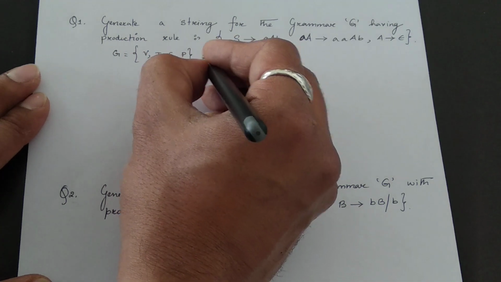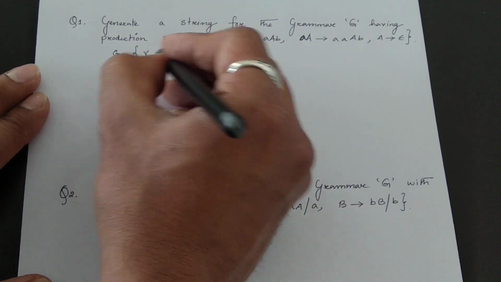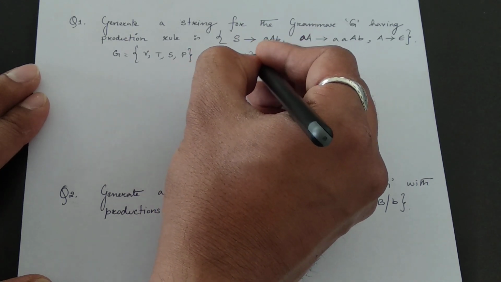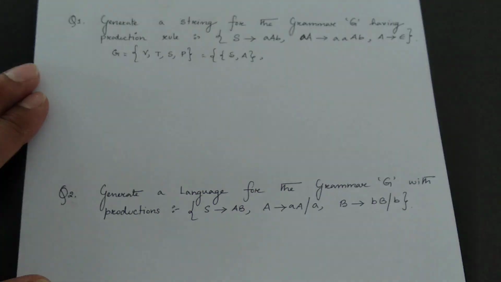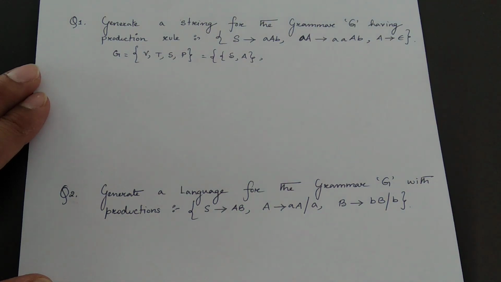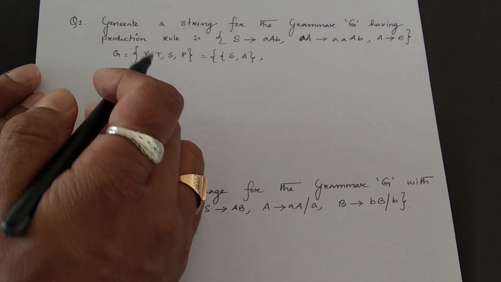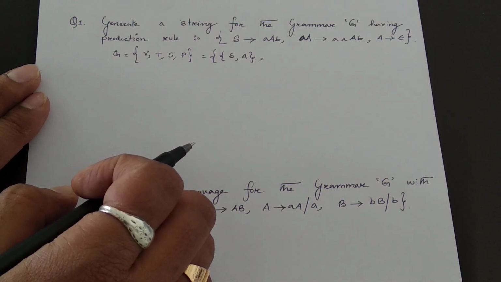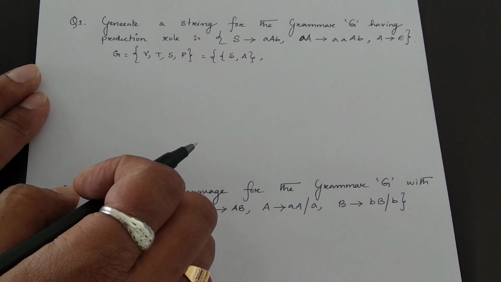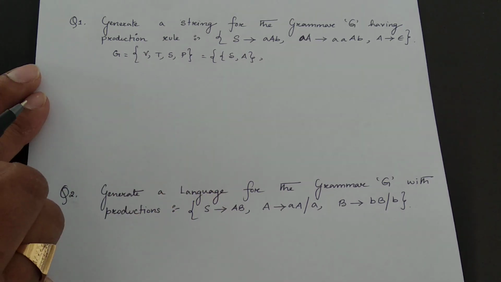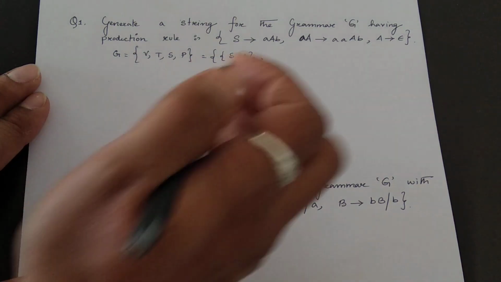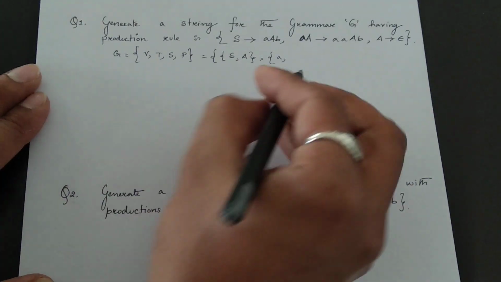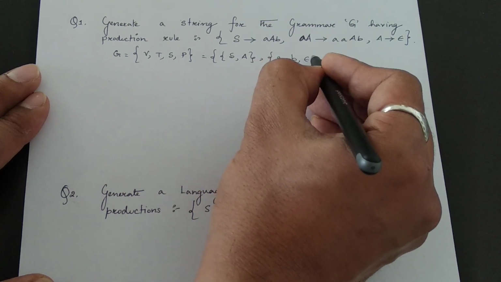Therefore, V will be S and A. Apart from these capital letters, the others are your terminal symbols, that is T. So here the terminal symbols are small letter a, small letter b, and one more, don't get confused, epsilon. Other than the non-terminals, everything is a terminal. So the terminal symbols will be a, b, and epsilon.